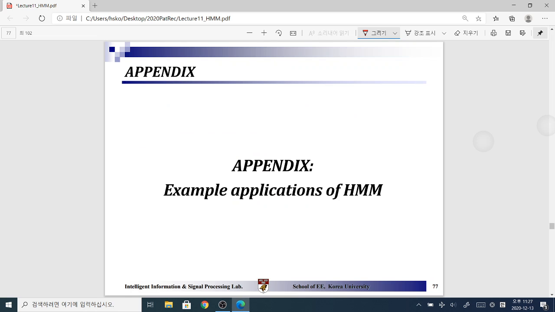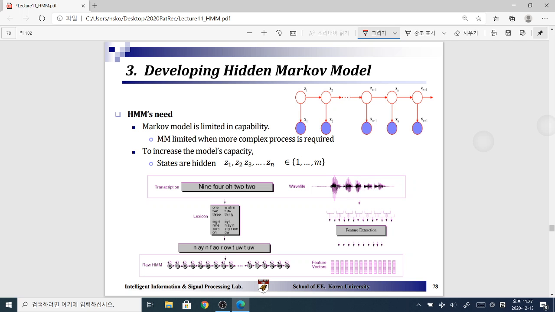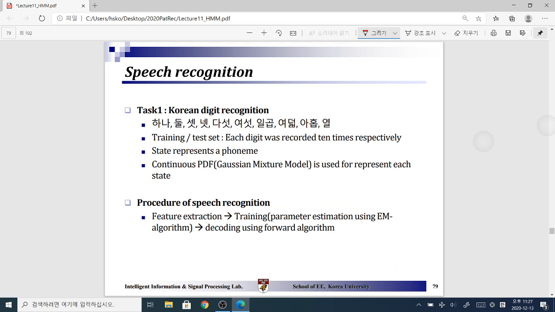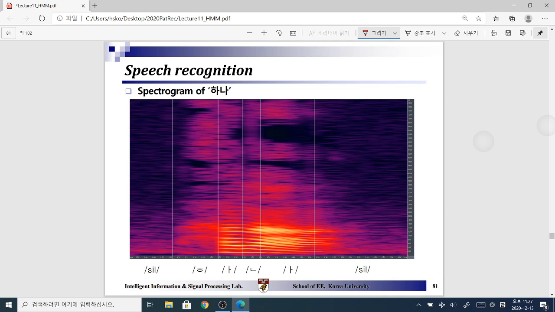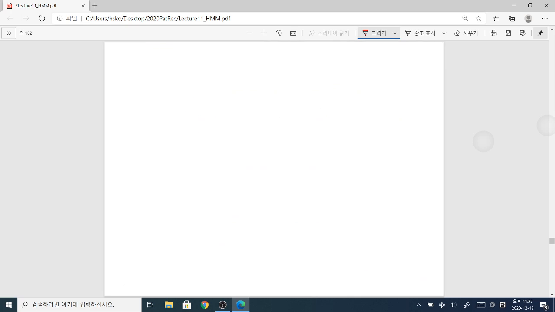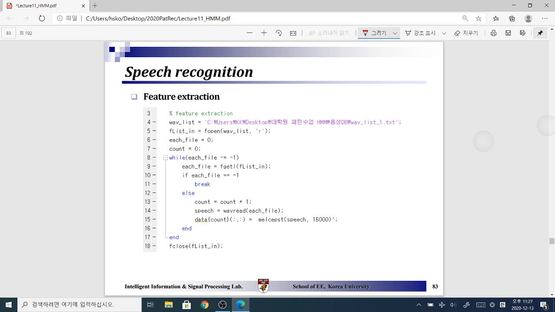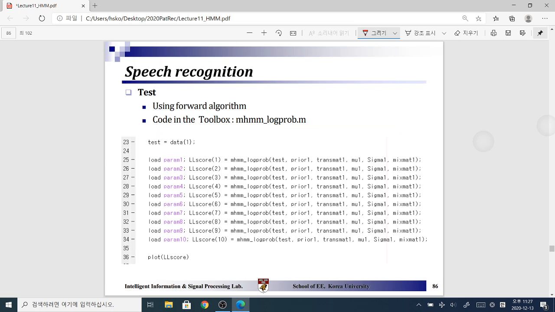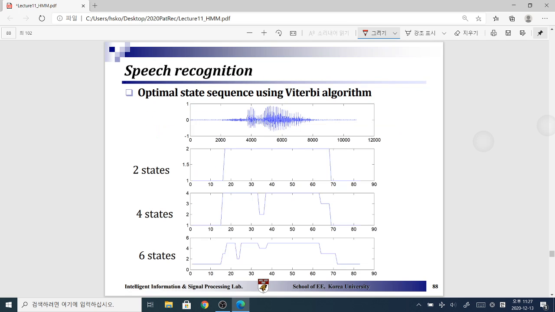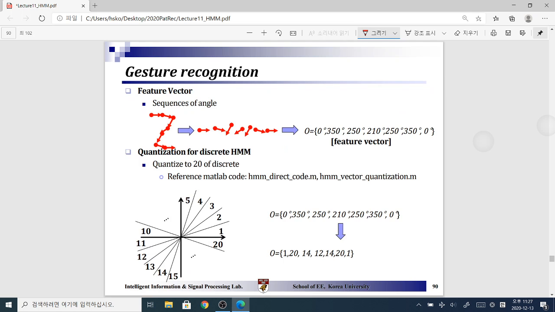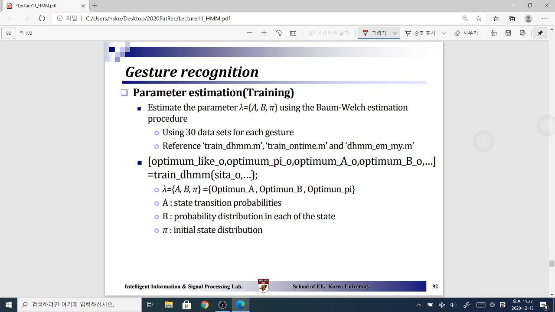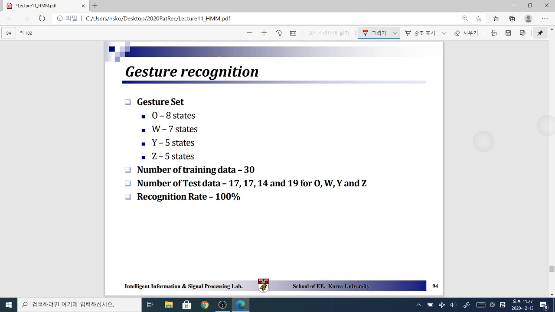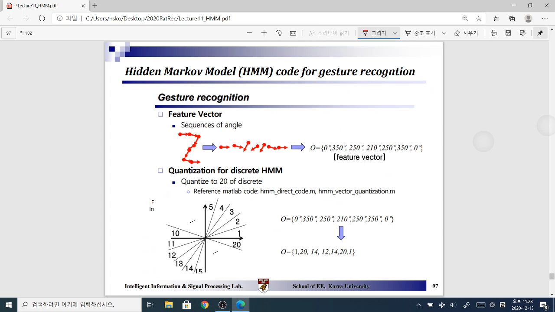And in the appendix, I've included some example applications of HMM, including speech, with some code, and there's also code for gesture in the back.